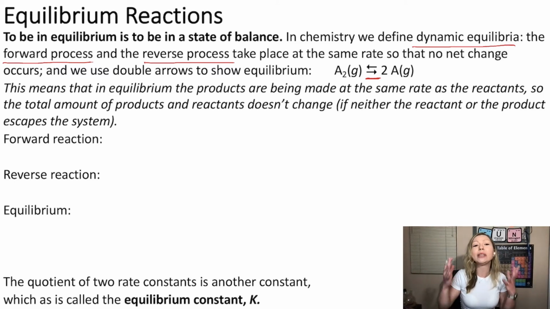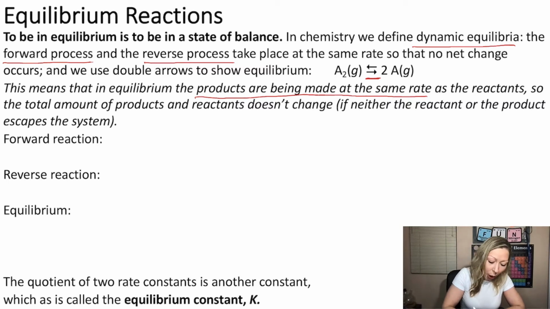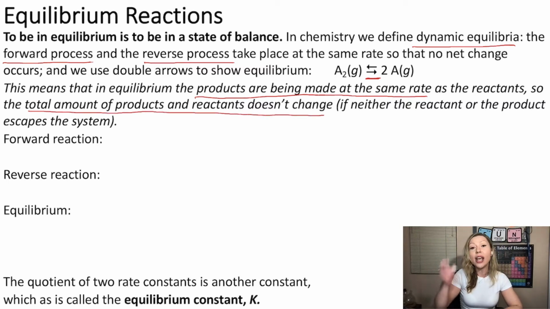So in chemistry, this basically means that in equilibrium, the products are being made at the same rate as the reactants, so the total amount of products and reactants doesn't change if neither the reactant nor the product escapes the system. So let's take a look at this general reaction right here, and let's write out the forward reaction.